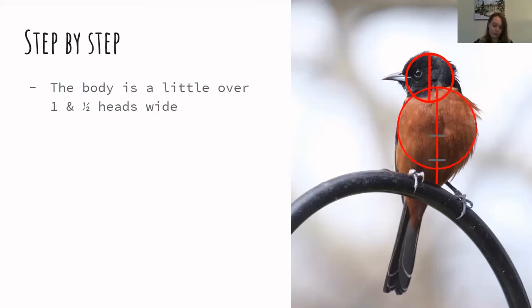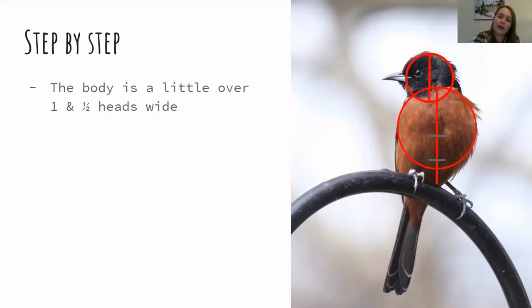Now we're going to draw the body circle. So I'd like you to measure the head, and we're going to compare that to the length of the body. So I found the roundest part of the body so that I could make that into my body circle because it's nice when the body circle is actually a circle. So I found that the body circle overlapped a little bit with the head circle, and it was a little bit over 1.5 heads long. So measure the head.